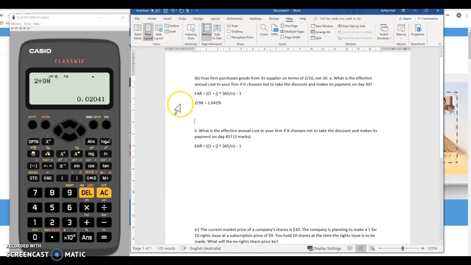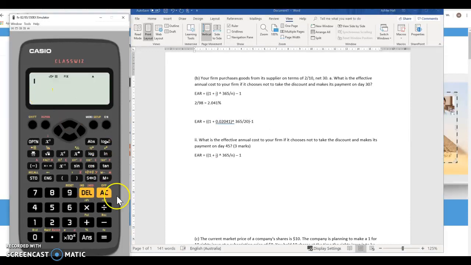And now let's put this into our formula. Effective annual interest rate is equal to 1 plus the interest rate, 0.02041, to the power of 365 divided by the number of days. So that is the 20 days that we're borrowing for, 30 minus 10, then minus 1.